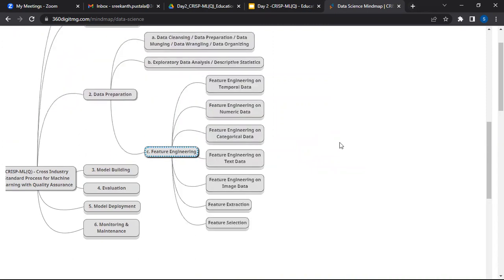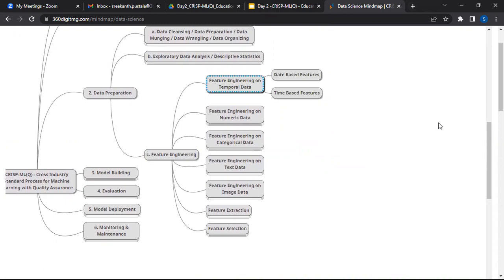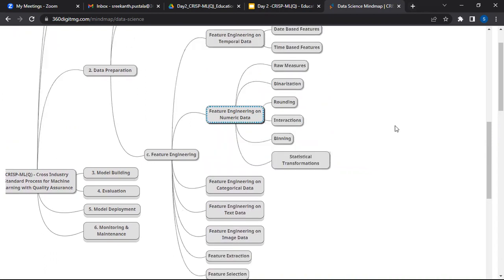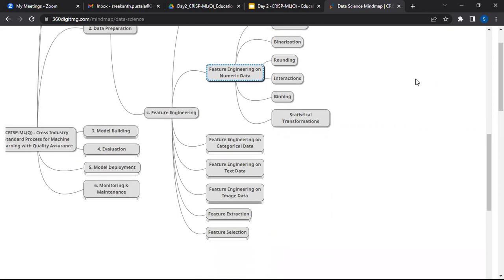We have feature engineering, where we look into feature engineering on temporal data. When we have feature engineering on temporal data, we have date-based features and time-based features. And when we look into feature engineering on numeric data, we have raw measures, binarization, rounding, interactions, binning, all of these come under feature engineering on numeric data.